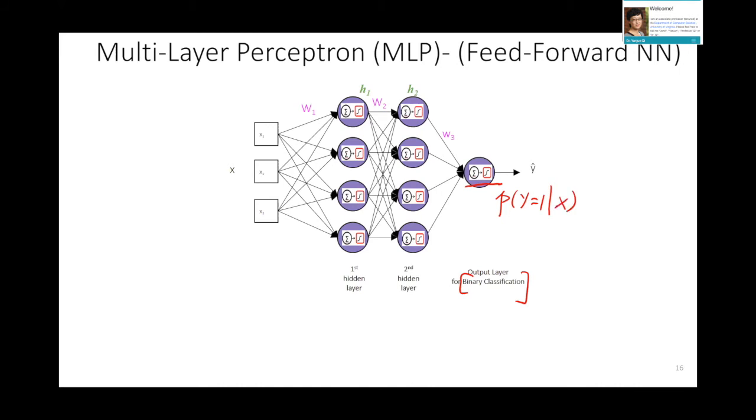So this essentially gives us this y hat. I mean, that last sigmoid layer gives me that. All right, so for all the binary classification, your last layer needs to be that one neuron with sigmoid as the compression function, nonlinear component.